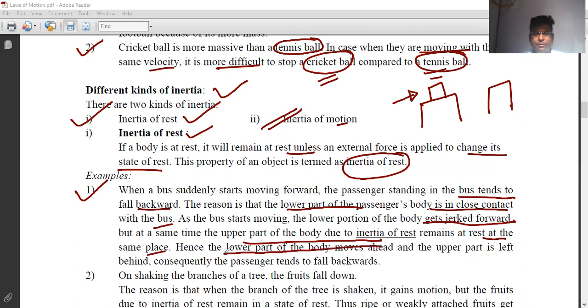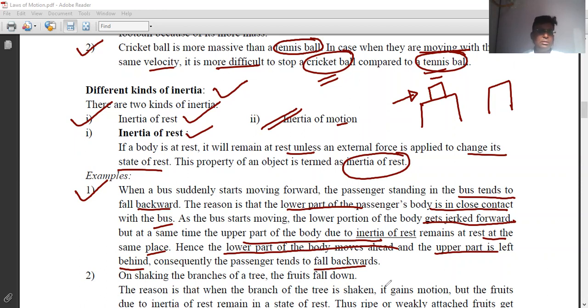Hence the lower part moves ahead, but the upper part is left behind. Consequently, the passenger tends to fall backward. ठीक है? Suppose I am sitting on the bus and suddenly the bus starts moving forward. So I tend to fall back, because the lower part starts moving forward but the upper part is at rest. So it will tend back, so that we fall backward.